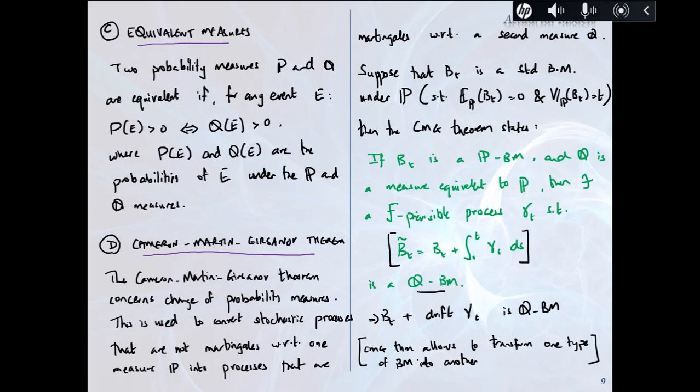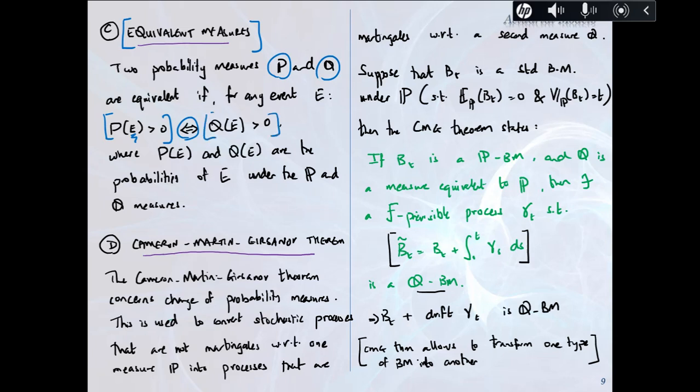Equivalent measures. We say that two probability measures P and Q are equivalent if for a given event E, the probability P of the occurrence of that event E is strictly positive if and only if the probability Q over the same event E is also strictly positive.